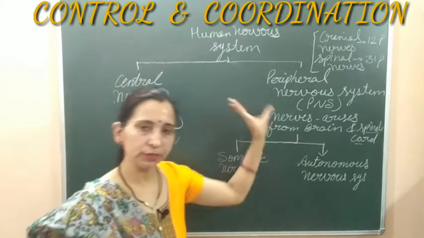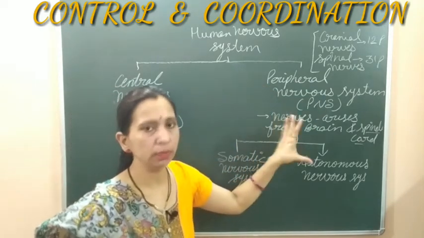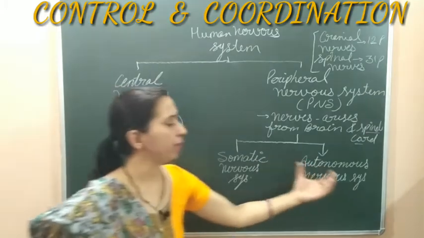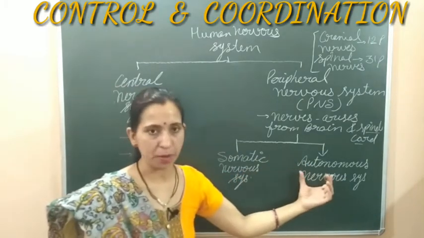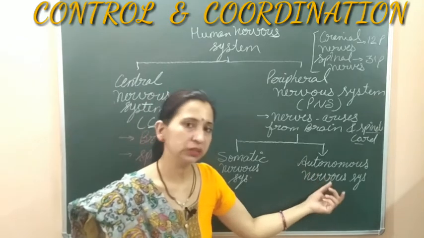Actually, in the peripheral nervous system we are including the nerves. These nerves make the peripheral nervous system, but as a part we can divide this system into two parts. The first one is the somatic nervous system and the other one is the autonomous nervous system.